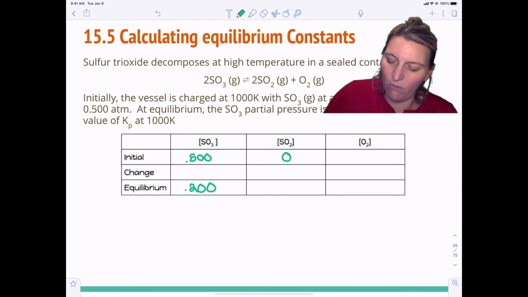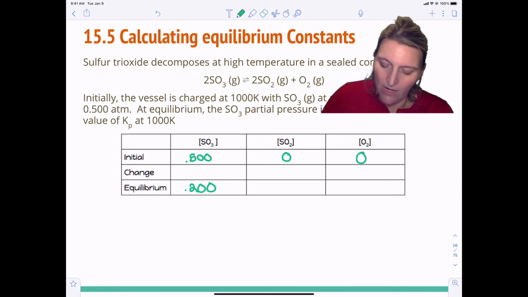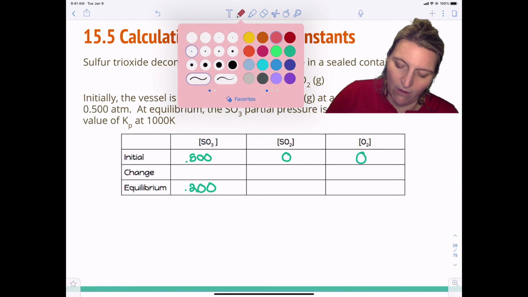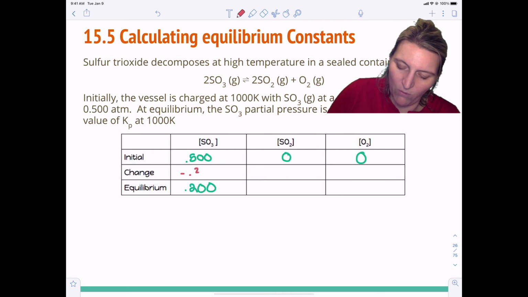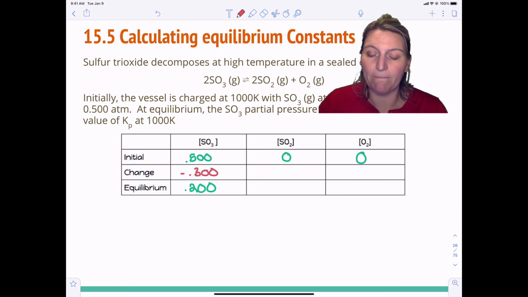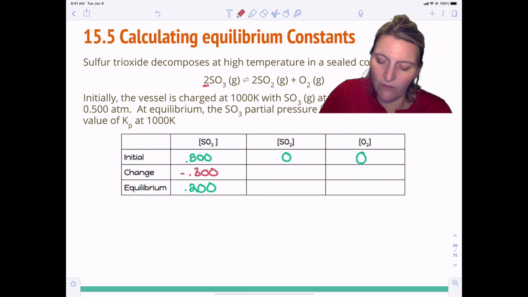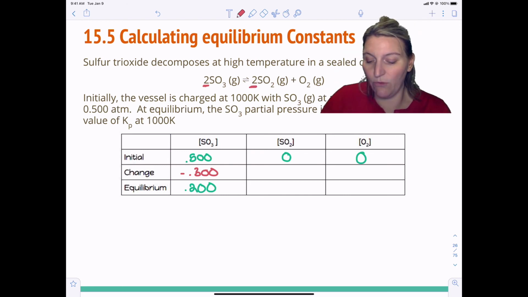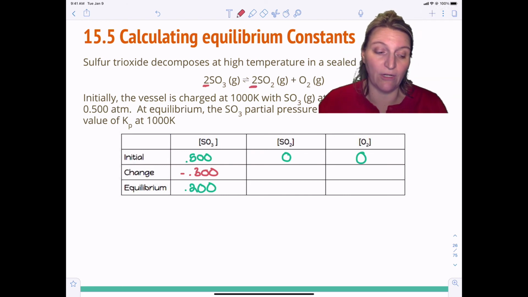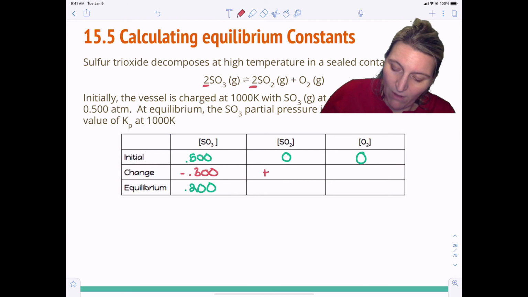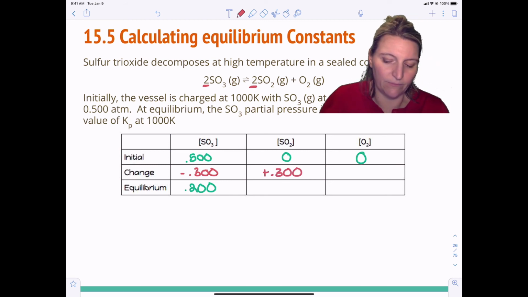So we would start out with none of these. I would figure out that this guy would have to go down by 0.300. And then look at the coefficients. Because SO3 and SO2 have the same coefficient, SO2 is going to go up by 0.300. The coefficient of the O2 is 1.